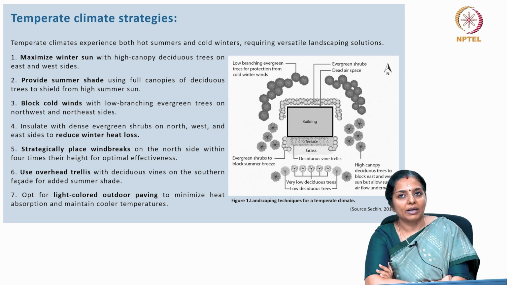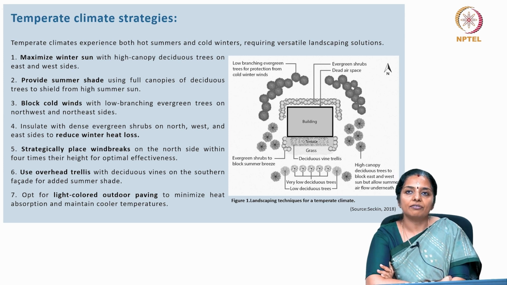In temperate climates, effective strategies for optimizing comfort and energy efficiency include maximizing winter sun exposure, providing summer shade, blocking cold winds, insulating with evergreen shrubs, strategic windbreak placement, employing overhead trellis, and opting for light colored paving to minimize heat absorption and maintain cooler temperatures in the outdoors.